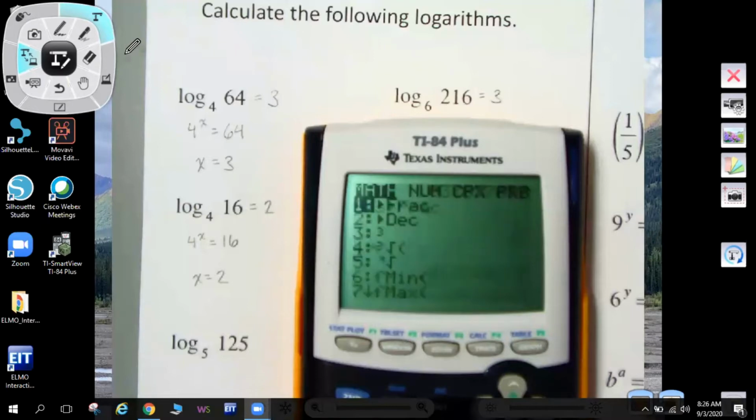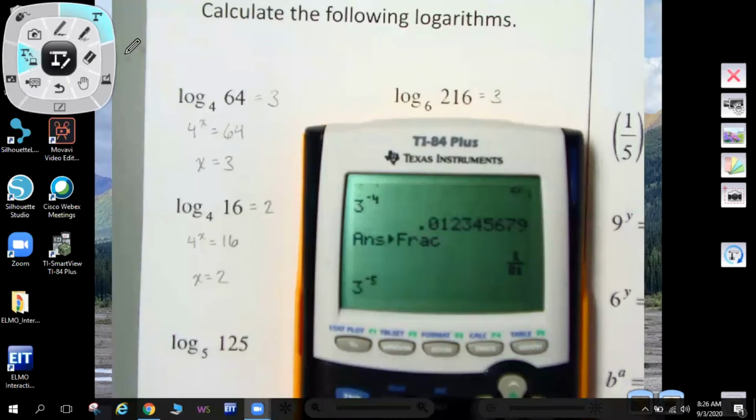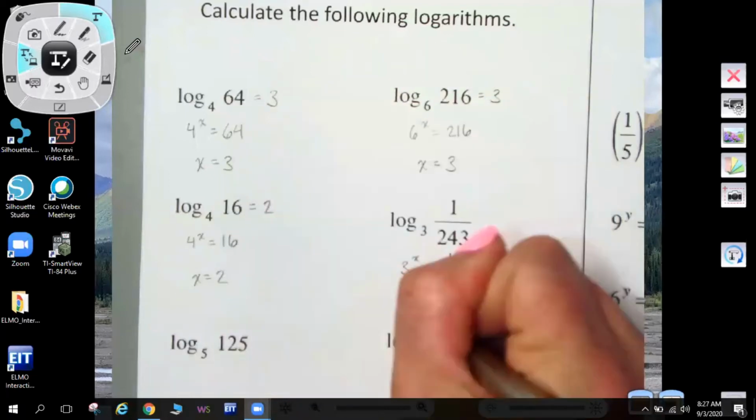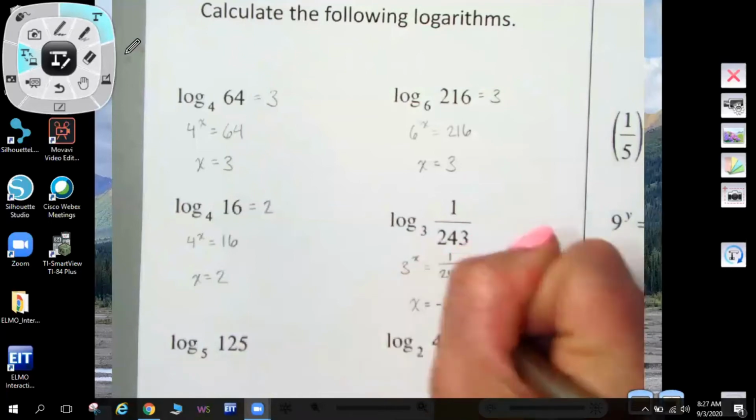Change that to a fraction. That's not it. And 3 to the -5th power. Change that to a fraction. That finally gets it. So our exponent needs to be -5. So that means the answer to this logarithm is -5.